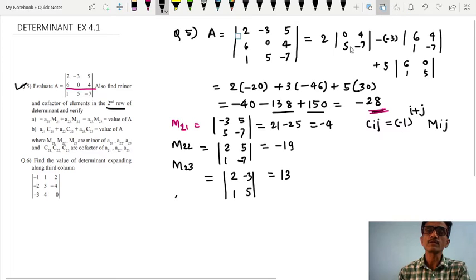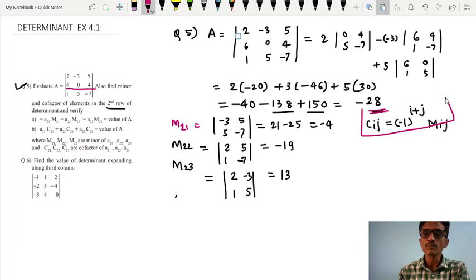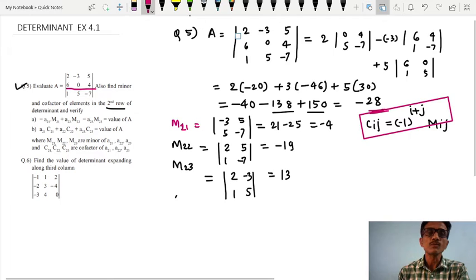So the cofactor formula: Cij is equal to minus 1 raised to power i plus j into Mij. So the cofactor C21 will be what?